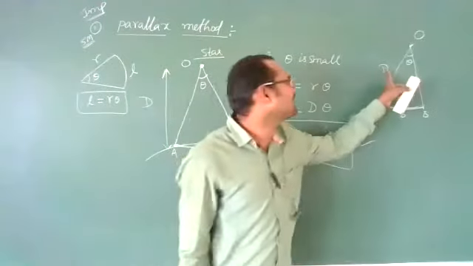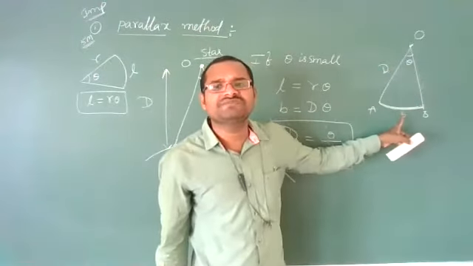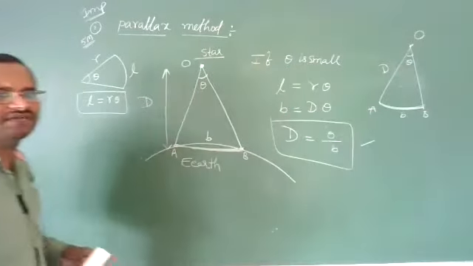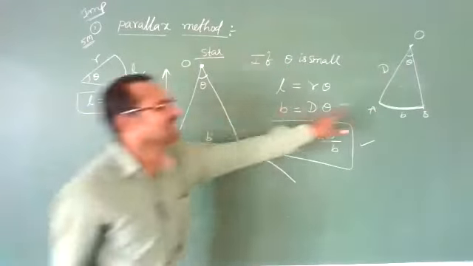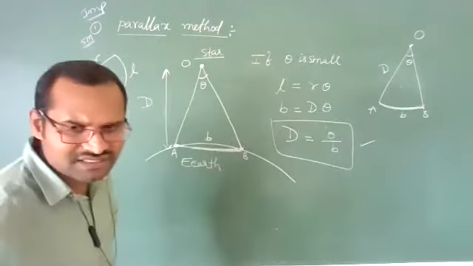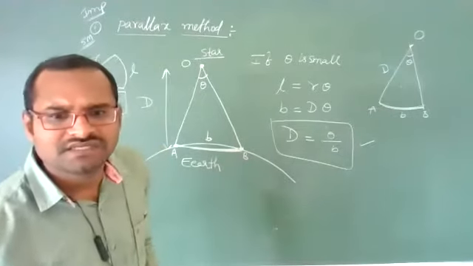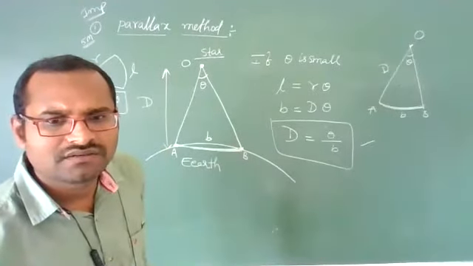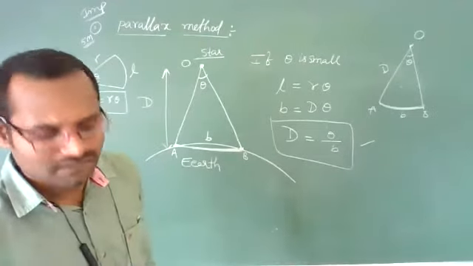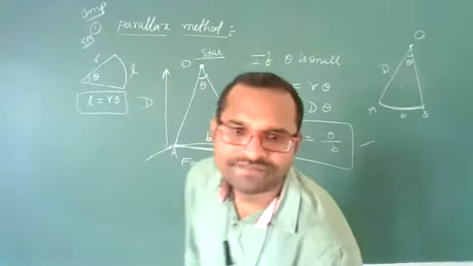Here the radius is capital D, the length of the arc is b, and the angle is theta. Both are the same. Correct? Still doubts, sir? Okay, got it? Good.